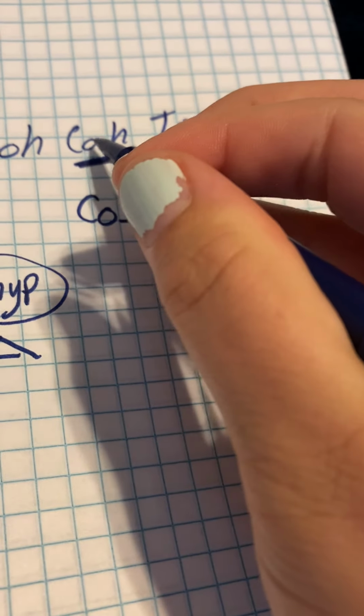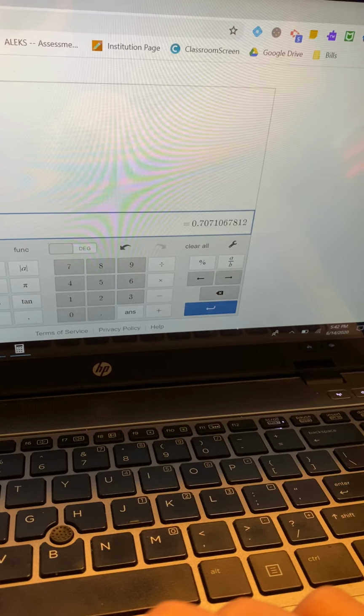We're going to put cosine 45 in our calculator, and the answer is 0.707. So I'm going to say 0.7.